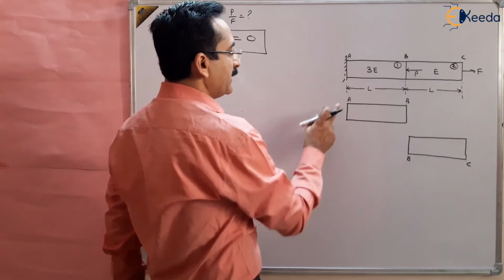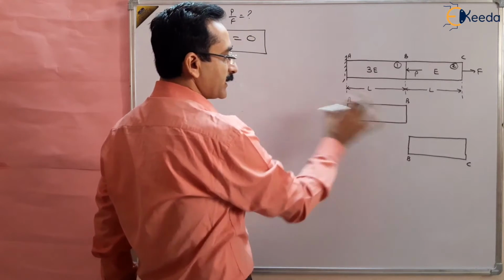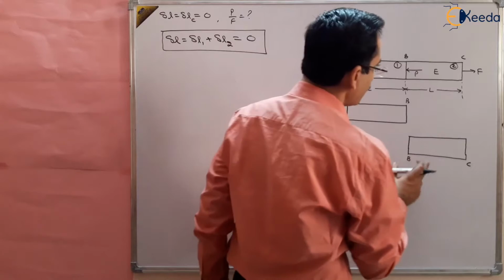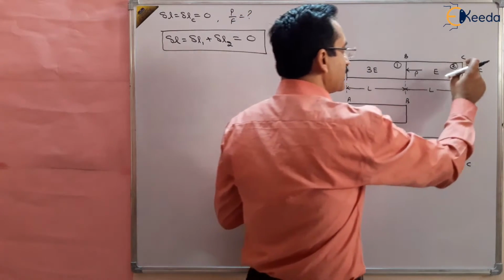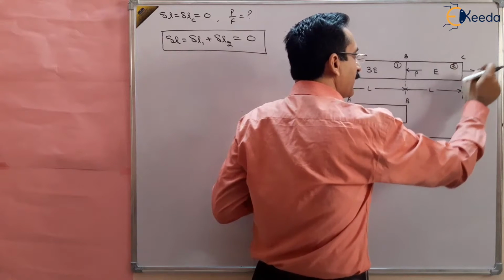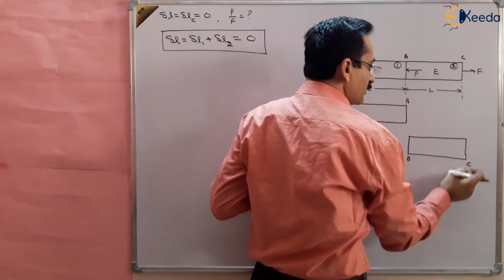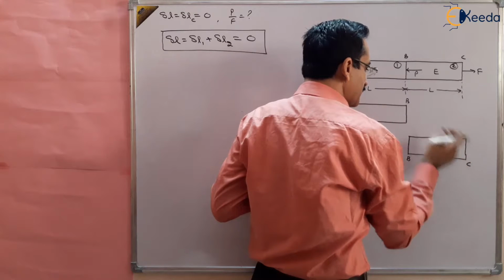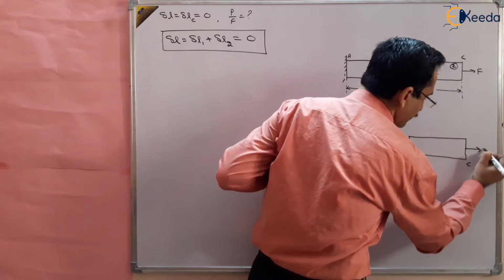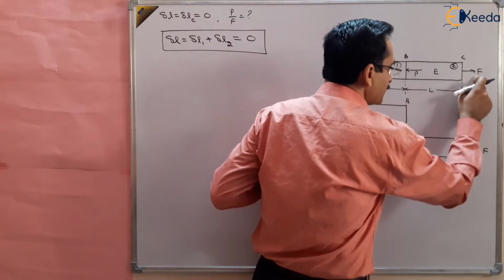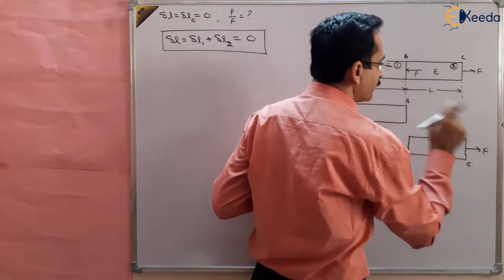Point A is not common to any section of the bar, and point C is not common to any section of the bar. So whatever load is at point C, the same load will be at the other end of that section, because point C is not shared by any section of the bar. So here it is F, and then there should also be F.